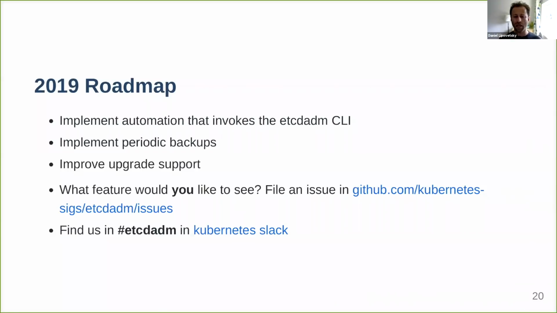If I find an issue, I will immediately file an issue on the etcdadm repo. I don't know if there's a good way to follow up with the audience here, but if I can, I definitely would like to do that. Yeah, I'm sure Taylor can help out. If not, Gaurav, maybe reach out on etcdadm in Kubernetes Slack, and I'm sure Daniel can provide an answer there for you.